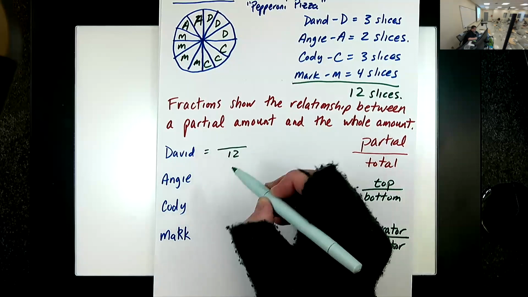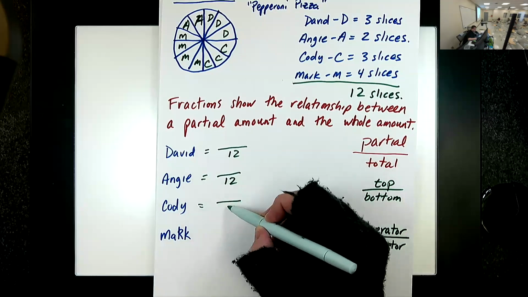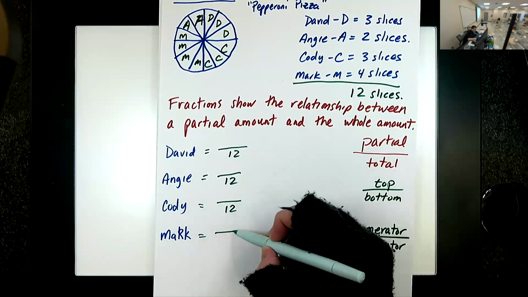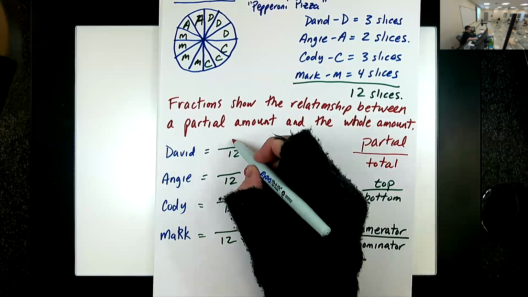It's the number of slices that the pizza had before we touched it. That's our bottom. Our top is what we ate.